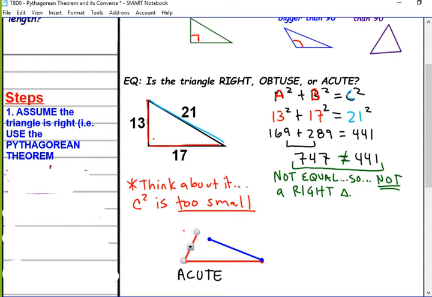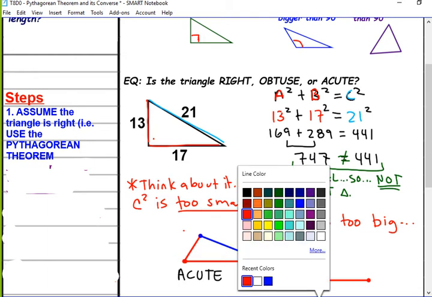So if we extend that thinking, if we run the Pythagorean theorem and c squared is too big, let's run that same kind of thought experiment. So we should have a right triangle, but let's say we solved a squared plus b squared equals c squared, and we end up with a hypotenuse that's too large. So it should be here, but now it's out here.